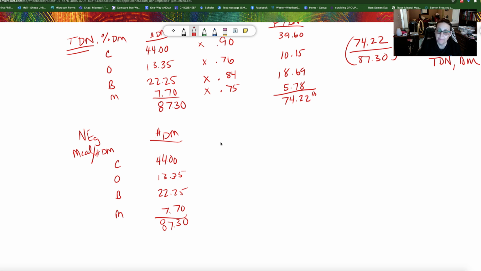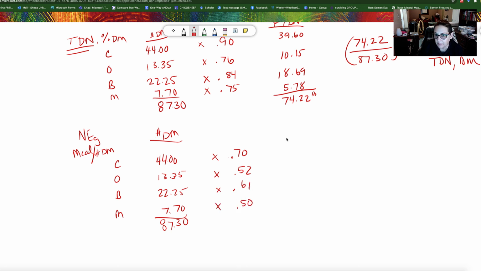I've already looked them up and converted them to megacalories per pound, and we're simply going to multiply. Corn was 0.7 megacalories per pound of dry matter, oats was 0.52, barley is 0.61, and molasses is 0.50.